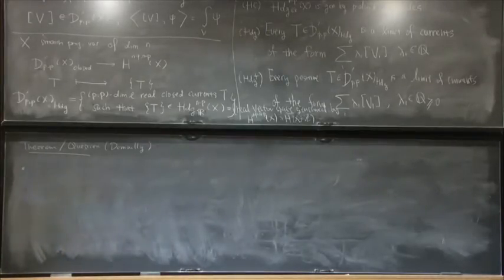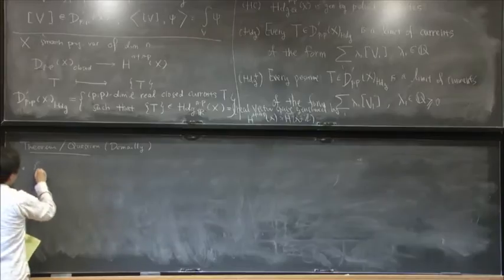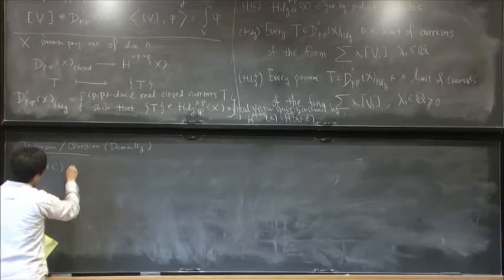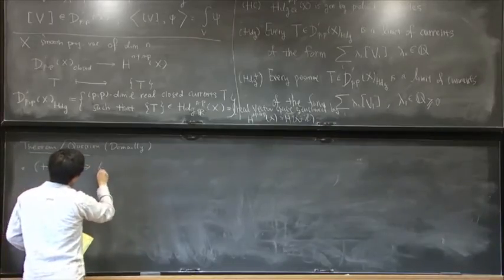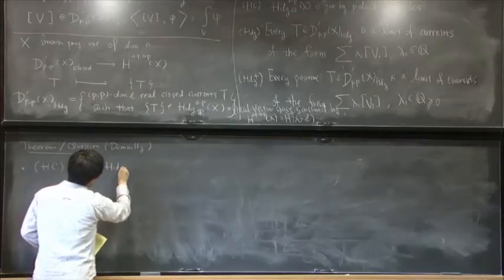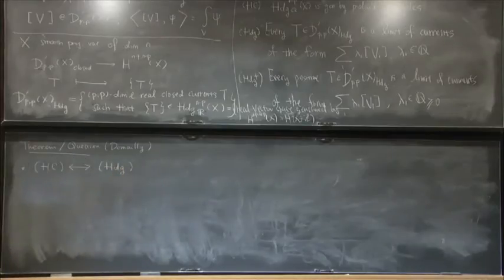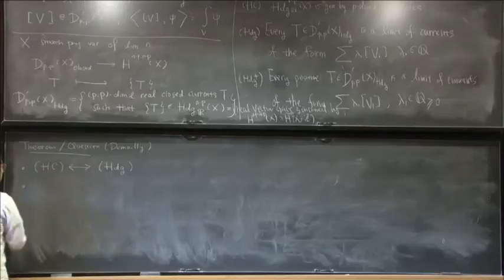His first theorem says that the first condition is equivalent to the second condition. And the hard part is to go from this to that. It holds for the same set of X, for the same X, same n, same p.